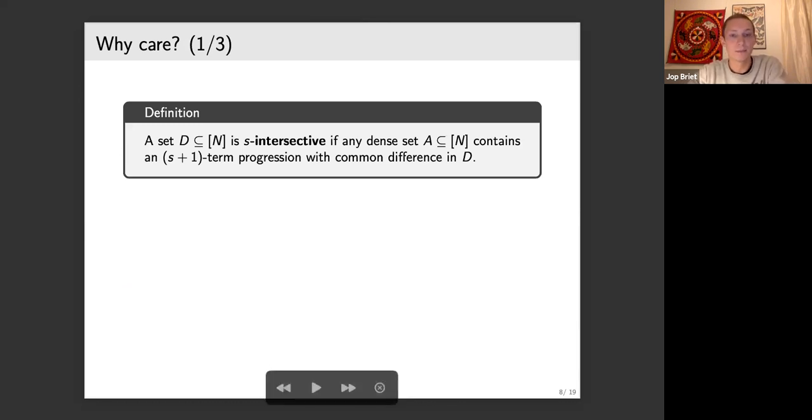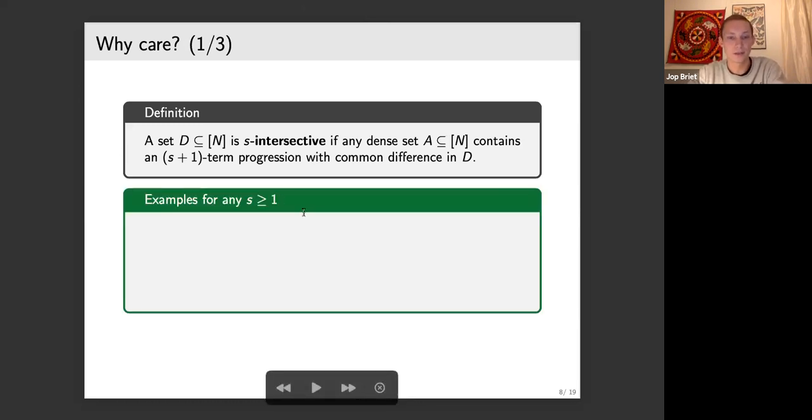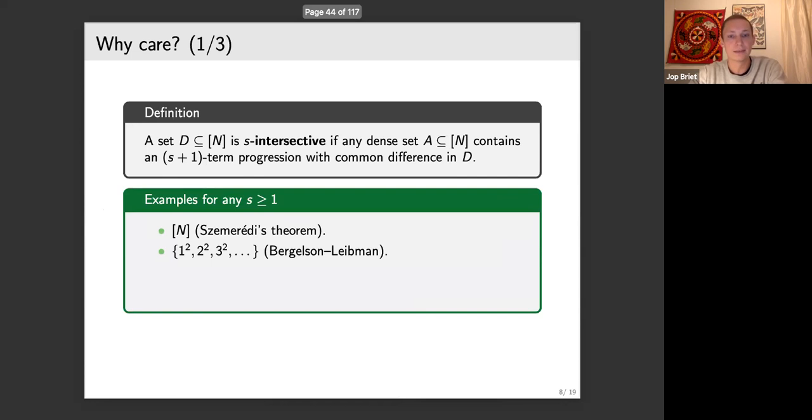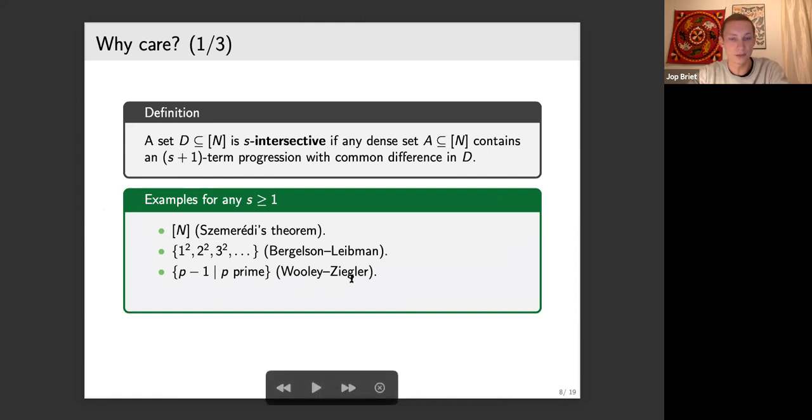There are some very nice examples of intersective sets that hold for every S. First of all, Szemerédi's theorem shows that n itself is S-intersective for every S, provided n is large enough. The squares are also S-intersective for every S, a special case of a general result by Bergelson and Leibman. The shifted primes are also S-intersective for every S, a general result of Wooley and Ziegler.